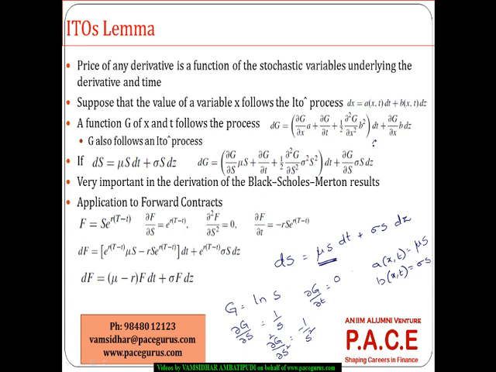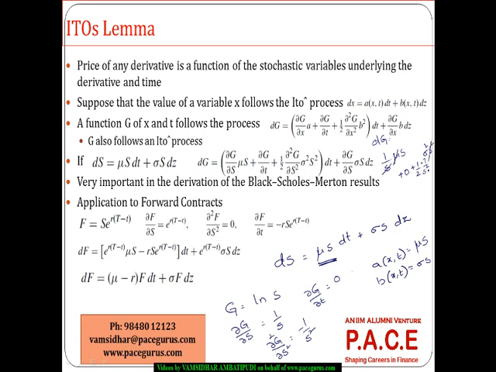So the dg for me is coming out to dou g by dou s times mu s. Dou g by dou s is 1 by s times mu s. Okay. Dou g by dou t is 0. Half dou squared g by dou s squared, minus 1 by s squared, sigma squared s squared.